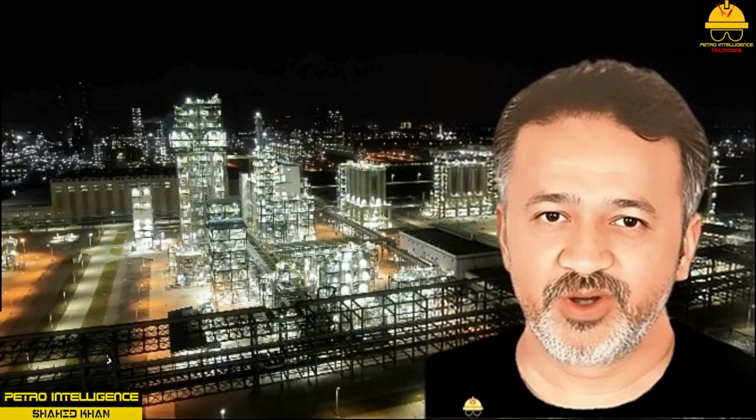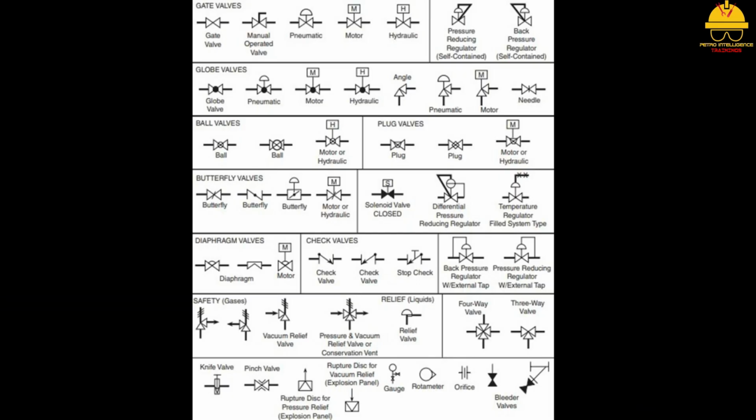The most common valves are as follows: gate valves, ball valves, plug valves, diaphragm valves, needle valves, safety valves, pneumatically operated valves, electrically operated valves, pinch valves, globe valves, butterfly valves, check valves, angle valves, knife valves, relief valves, hydraulically operated valves, solenoid valves, motor operated.